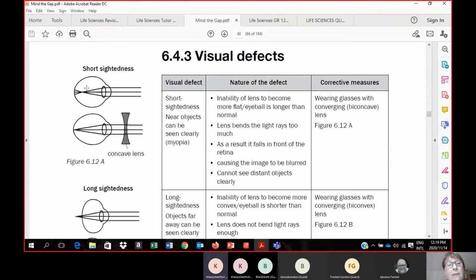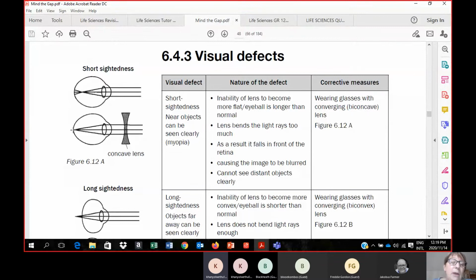That's only one of the factors that could be responsible for short-sightedness, all right? Because those light rays have to be refracted by the cornea and the lens, but then they should all converge on the retina over here.